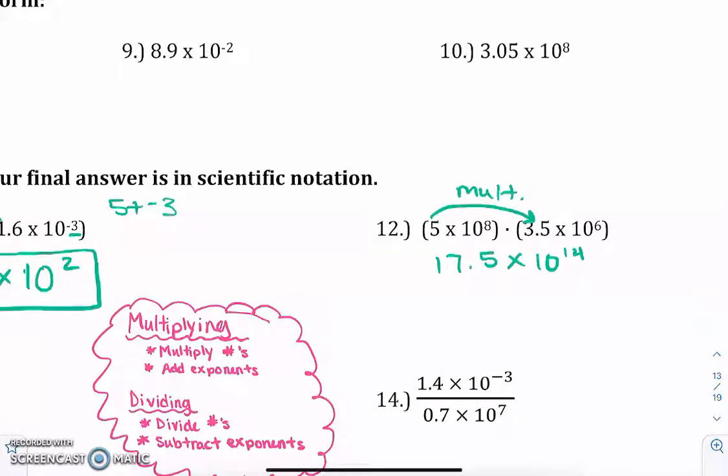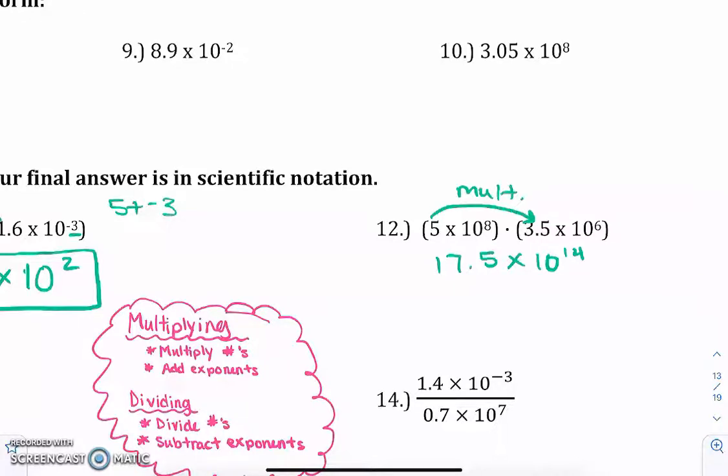But remember, scientific notation means that your decimal value is in between 1 and 10. 1 or greater, less than 10. So 17.5 is not good. 17.5 is not less than 10.